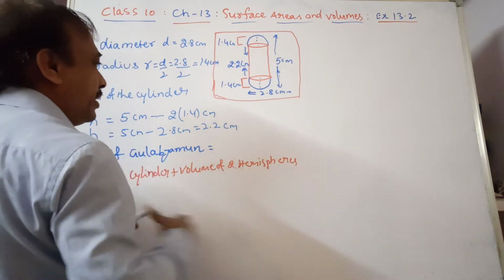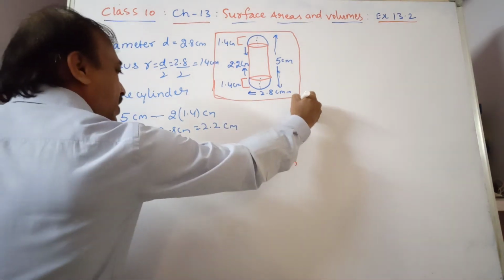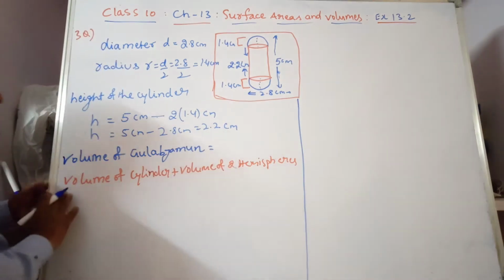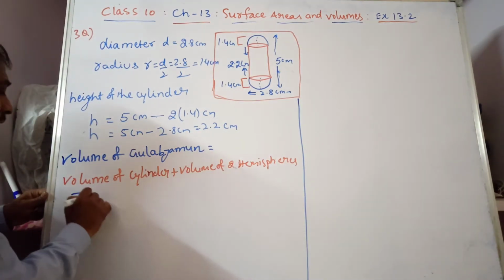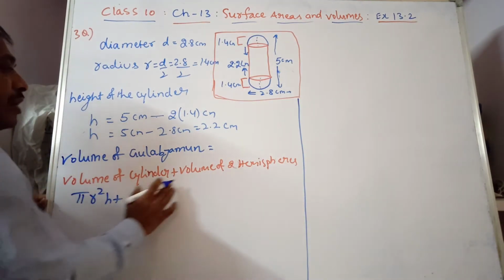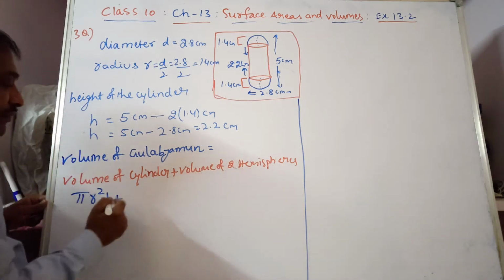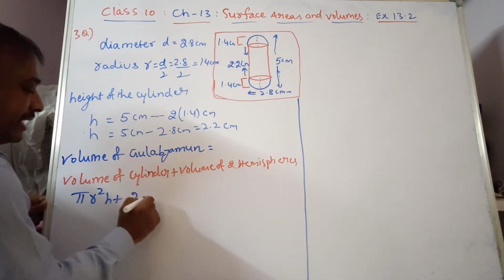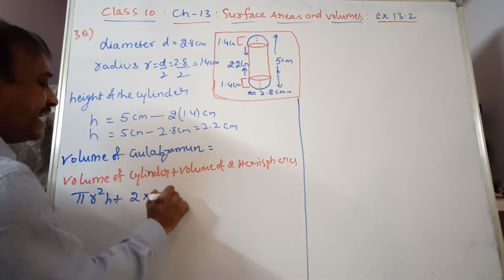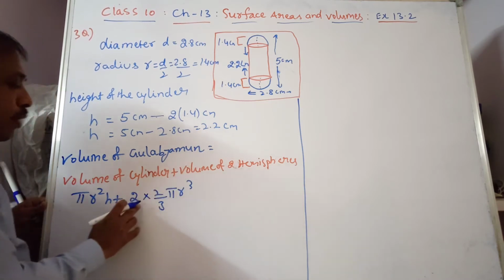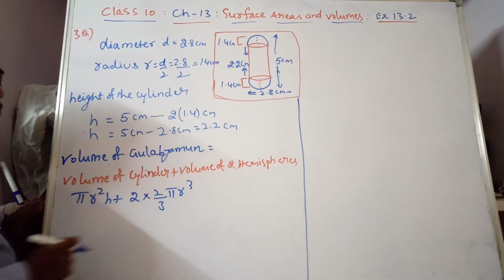Look at this. The volume of the cylinder is pi r square h plus the volume of two hemispheres. What is the volume of one hemisphere? It is 2 by 3 pi r cube. The volume of one hemisphere is 2 by 3 pi r cube.